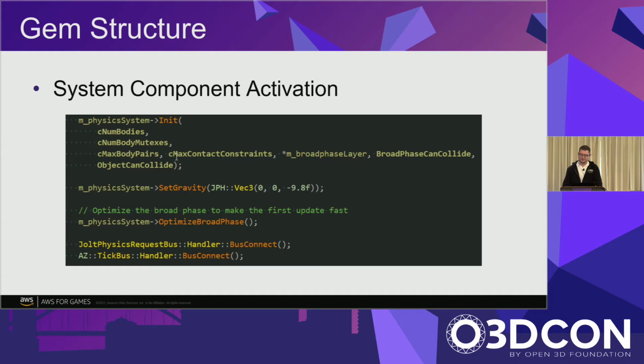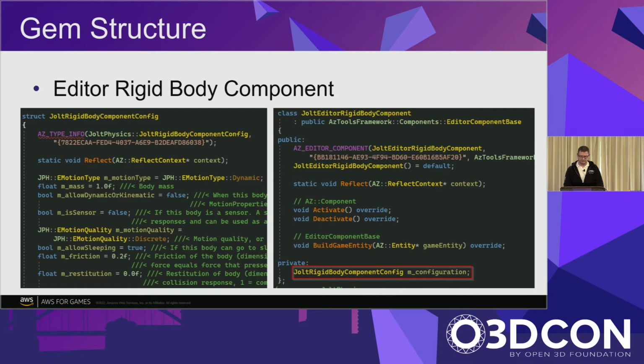The thing is, there's not much point in simulating nothing, like simulating empty worlds. So we need to put some rigid bodies into our physics world. And for that, we need to find a way to set up the data for them. In order to do that, we'll need a rigid body component.